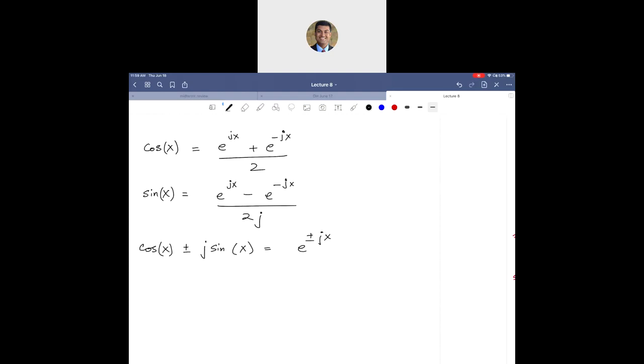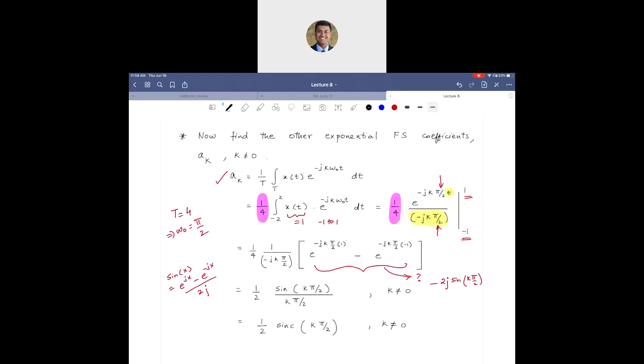All right, let's move on here. So the final answer over here is half times sinc k pi over 2. Now, whenever I think of a sinc function, let me talk about the sinc function later. You will see the sinc function being used several times over the course of the next few weeks.